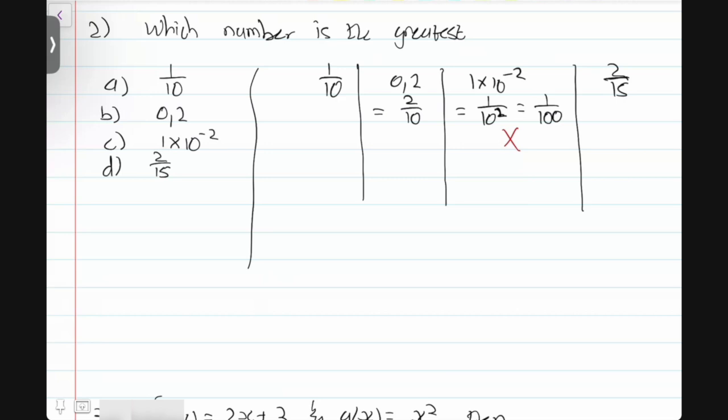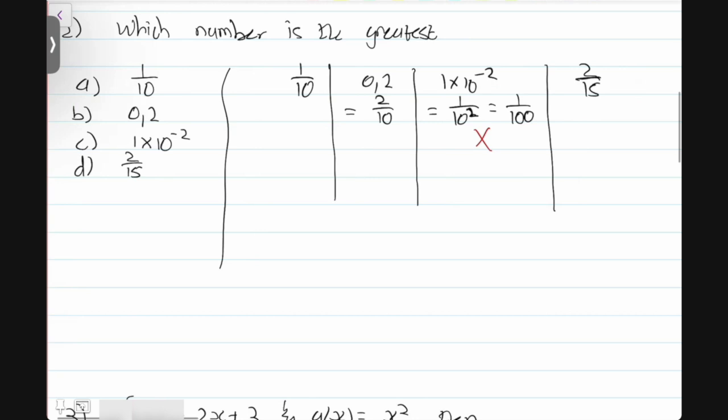So what we'll do is we'll try and convert everything to a denominator of 10. This one's perfect. The second one's also perfect, denominator of 10. So how do I convert this to a denominator of 10? Watch how cool this is. Maybe I'm overselling how cool it is, but let me explain.